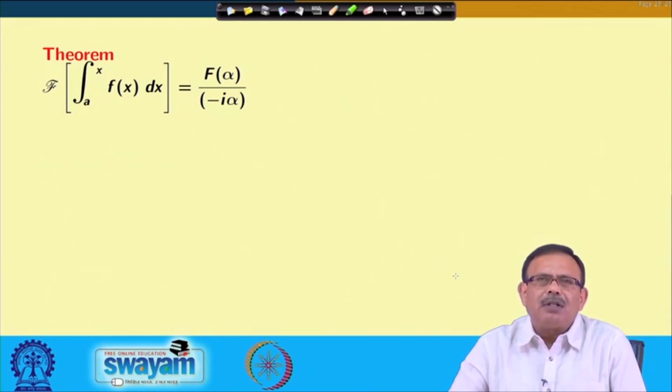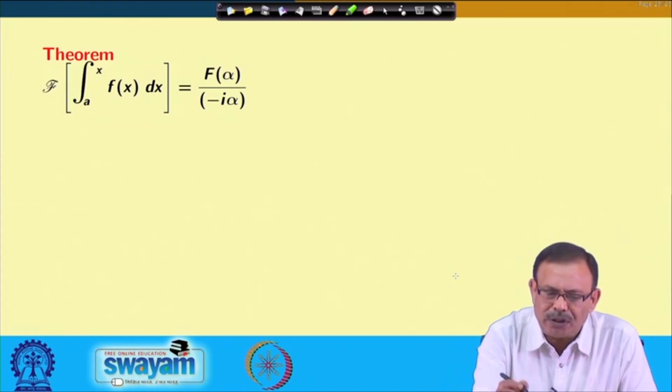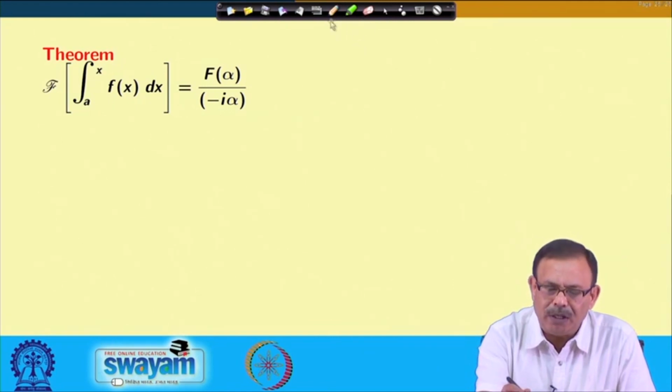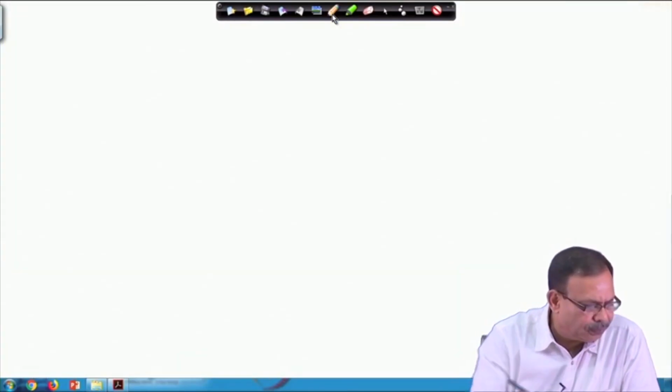Now, we will see that if I know the Fourier transform of a function and I integrate the function, then what should be the Fourier transform of that integral. Here we are saying the Fourier transform of the integral from a to x of f(x) dx is equal to F of alpha by minus i alpha. So, let us see the proof of this one.